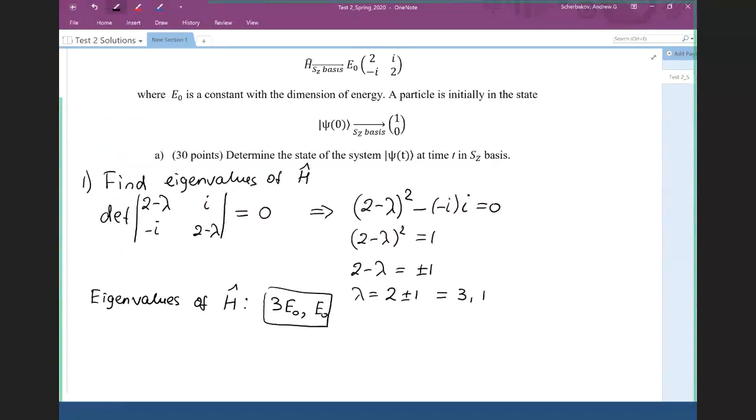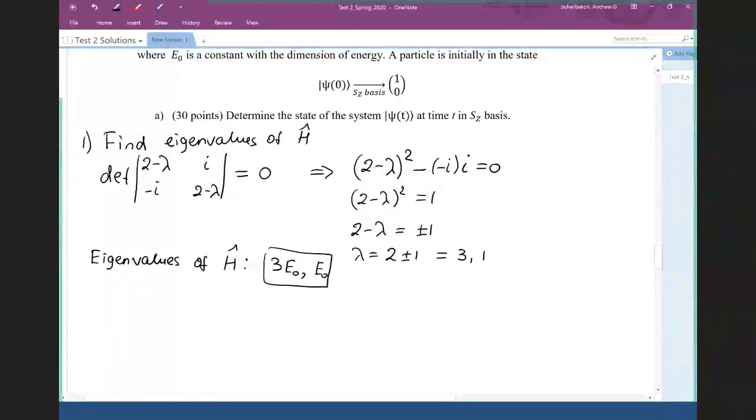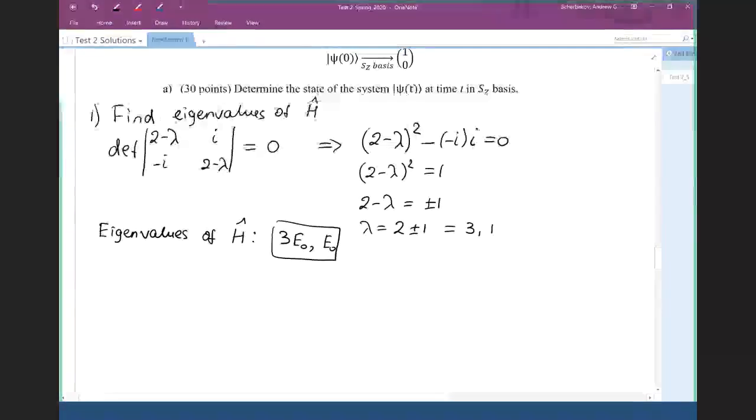So we've got to multiply. Essentially, that constant multiplies every matrix element in that matrix representation. For the sake of simplicity, we factored it out in our calculations, but the eigenvalues actually do have E naught there.